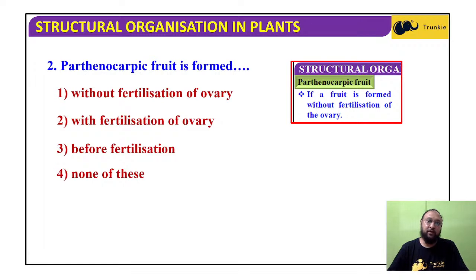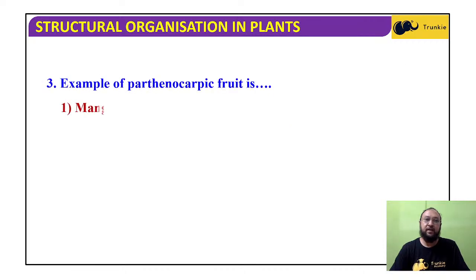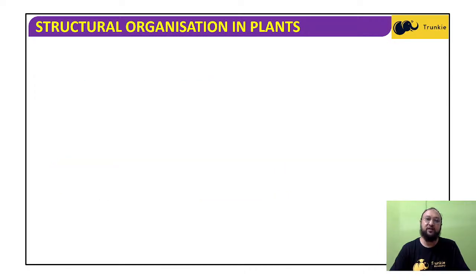I told you, parthenocarpy is the phenomenon by which this happens without fertilization, like in the case of banana. Banana is the most common example.